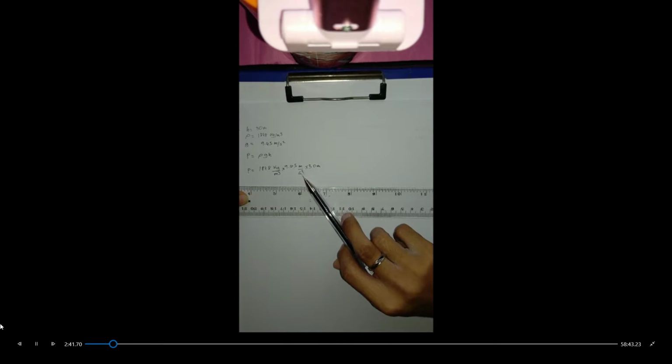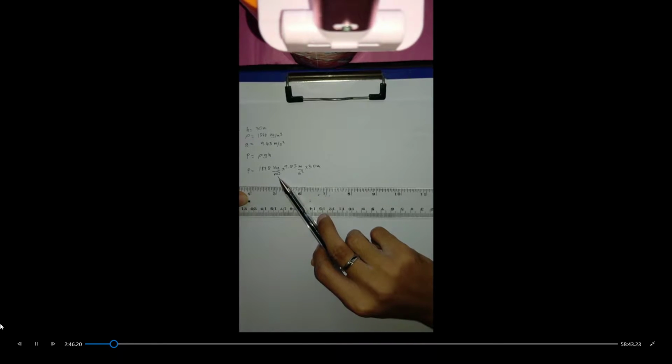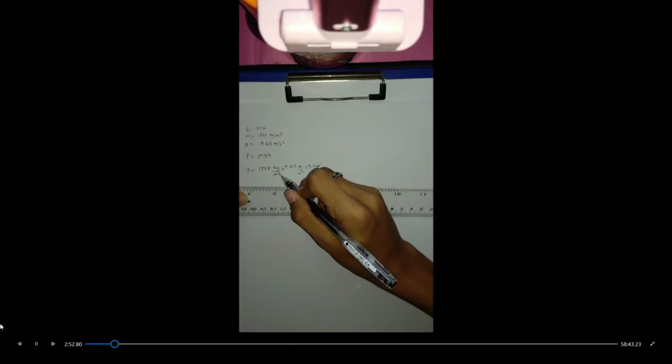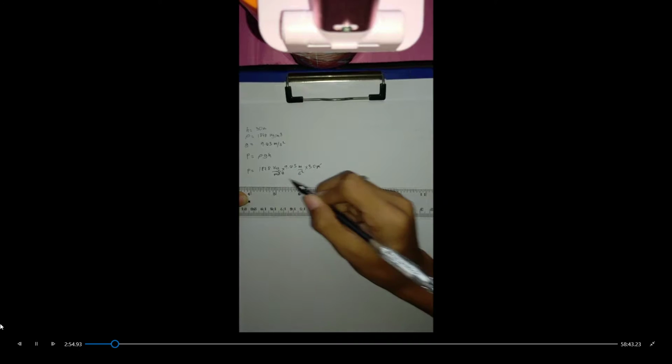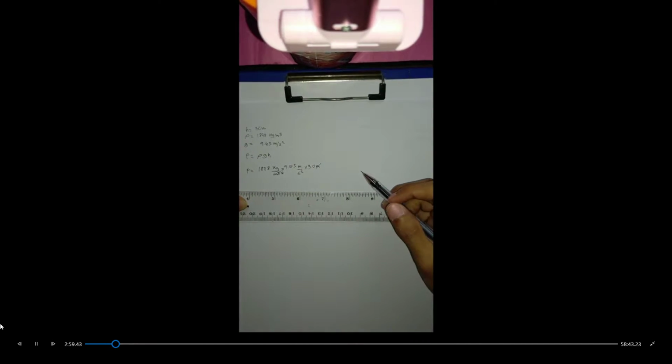Kilogram meter per second squared is equivalent to Newton, and meters divided by meter cube gives us Newton per meter squared. So we cancel this one, cancel 3, and replace it by 2. Kilogram meter per second squared is Newton, all over meter squared.